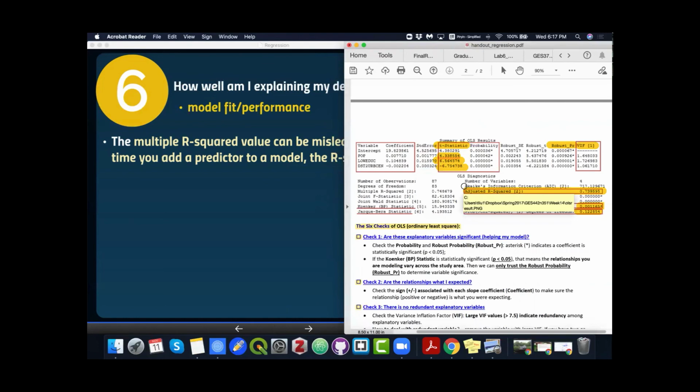That is to say, for the multiple R-squared value, a 3-variable model will always be better than the 2-variable model, and a 4-variable model will always be better than the 3-variable model. That's not ideal, because sometimes the additional variable may be totally irrelevant.